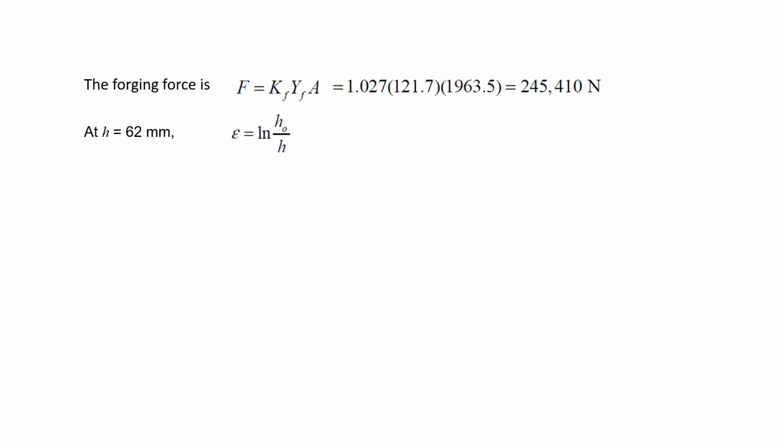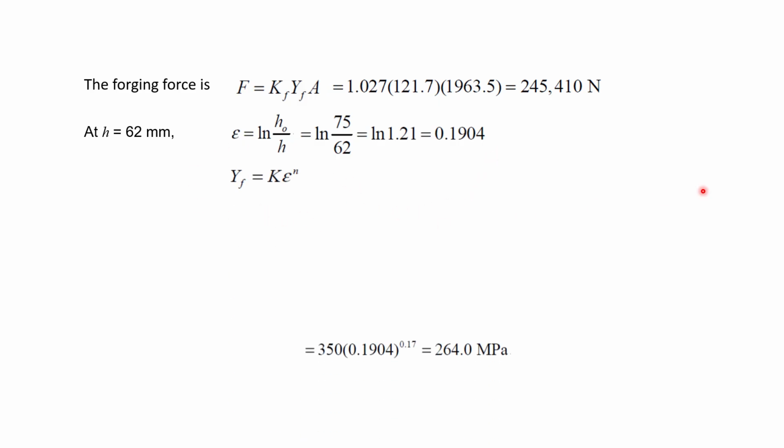Now the height is dropping, so we can calculate the strain. We said that the true strain is equal to the natural log of the initial height, which is 75, divided by the instantaneous height, which is here 62 millimeters. We'll get that the strain has increased from 2 in 1,000 to 0.1904. We recalculate the value for the flow stress.